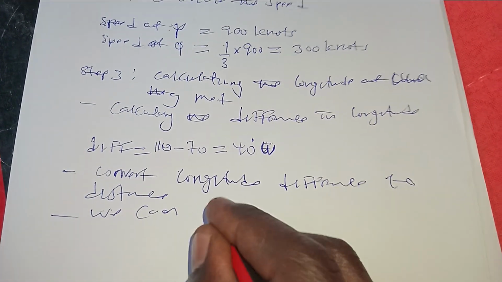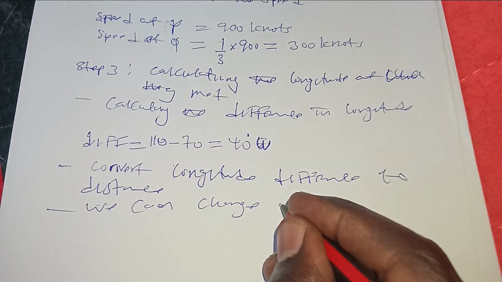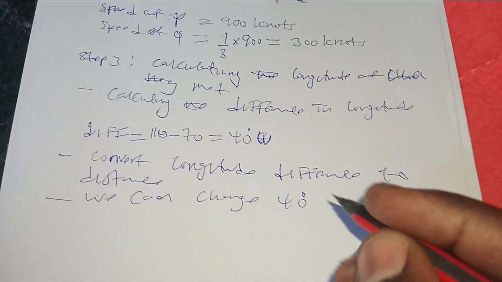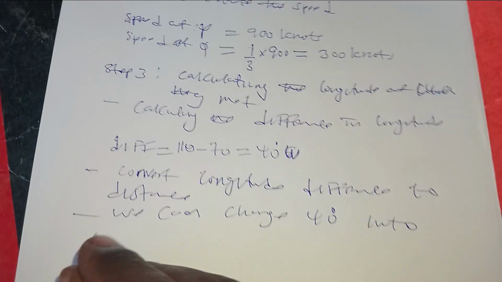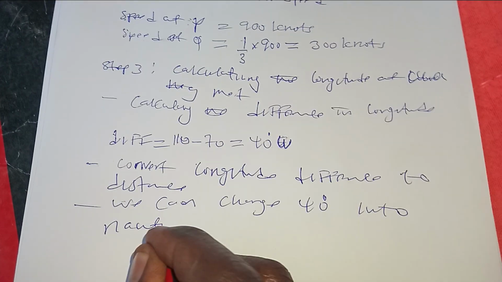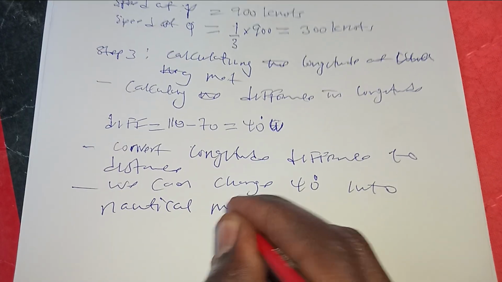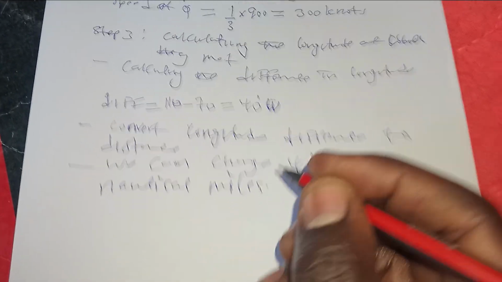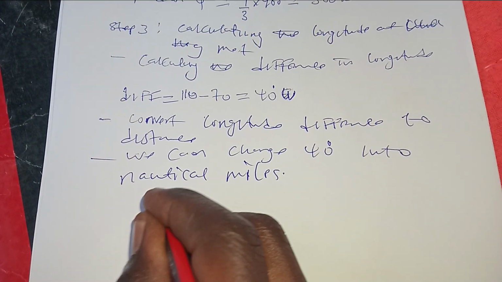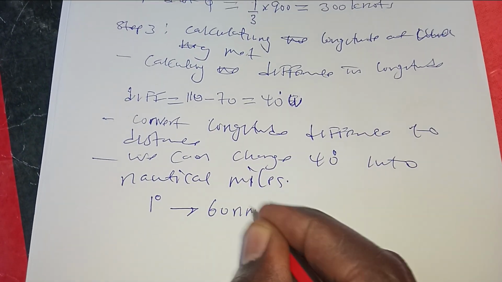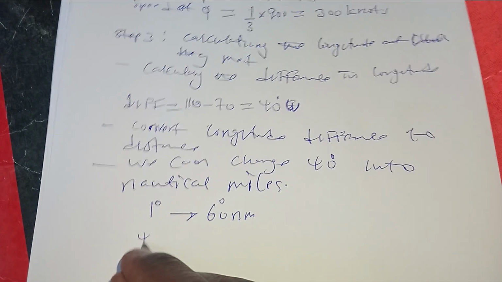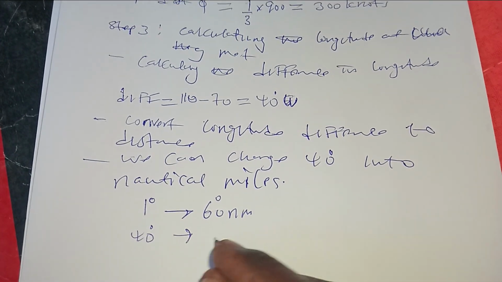We can change 40 degrees into nautical miles. Since 1 degree is equal to 60 nautical miles, 40 degrees is equal to x.